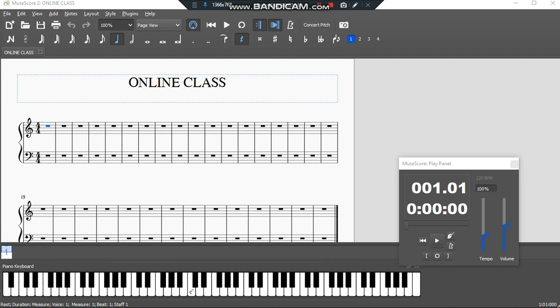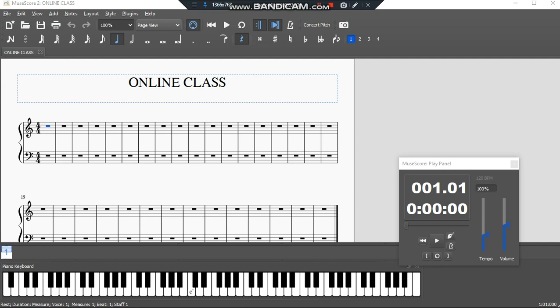So we have the first line as E, the spaces F, A, C, E. Remember the lines: first line is E, second line is G, third line is B, fourth line is D, and the fifth line is F.